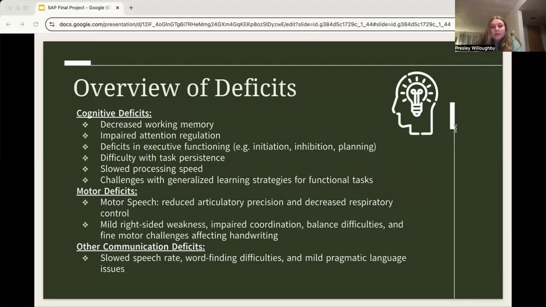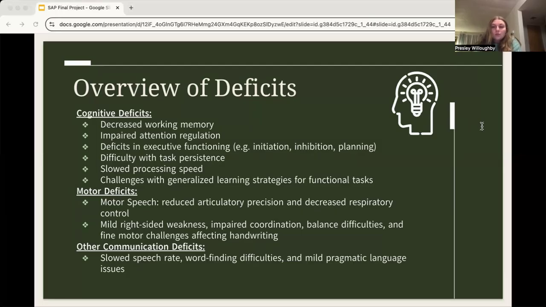So, following his injury, the client now presents with a wide range of deficits across cognitive, motor, and communication domains. Cognitively, he has decreased working memory, difficulty regulating attention, slowed processing speed, and prominent executive functioning deficits, including impaired initiation, inhibition, planning, and task persistence.